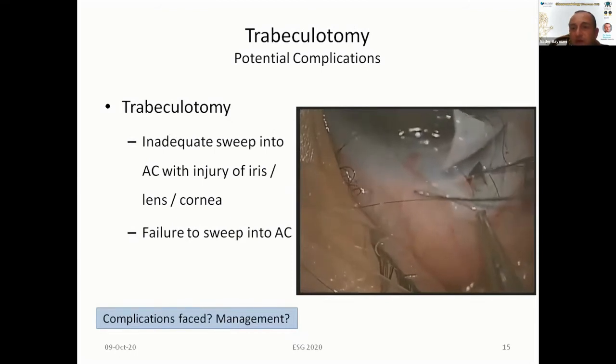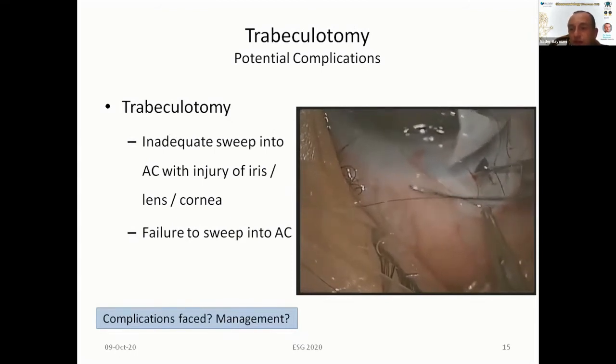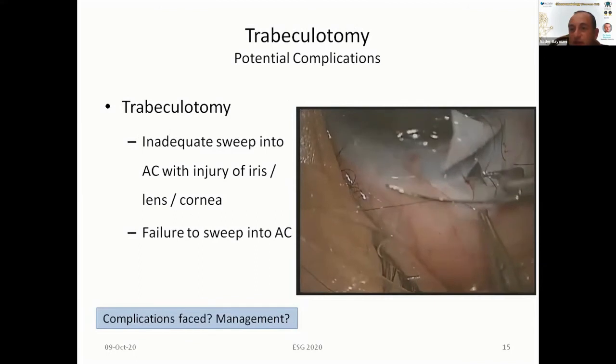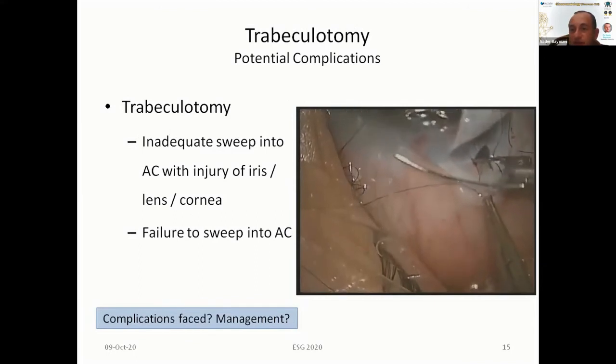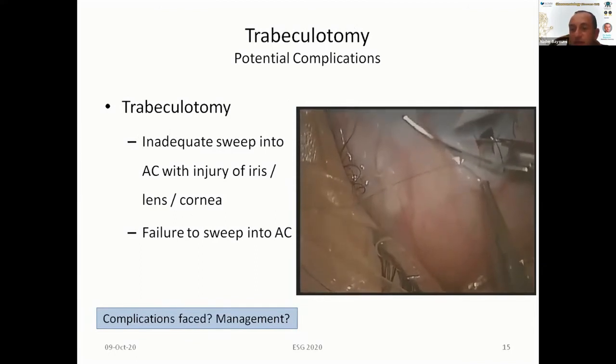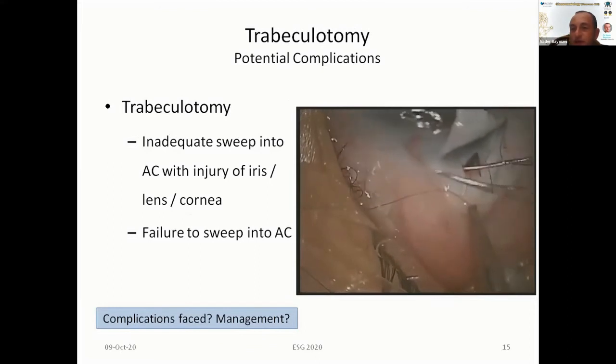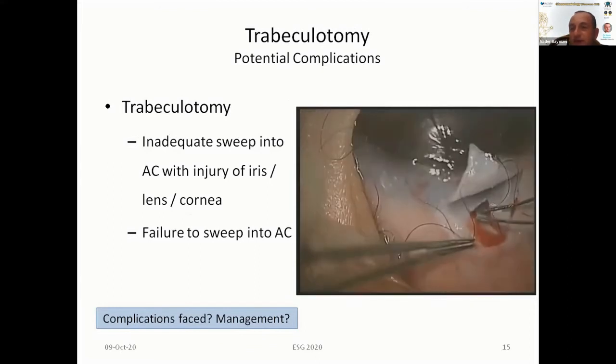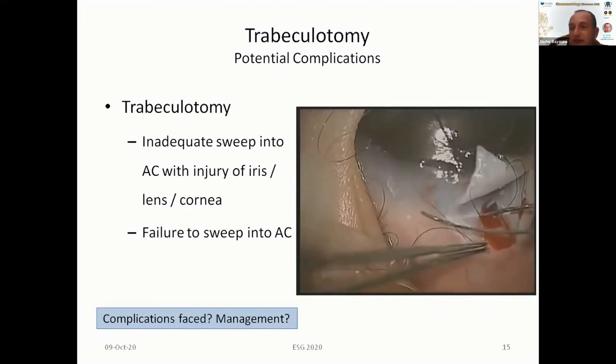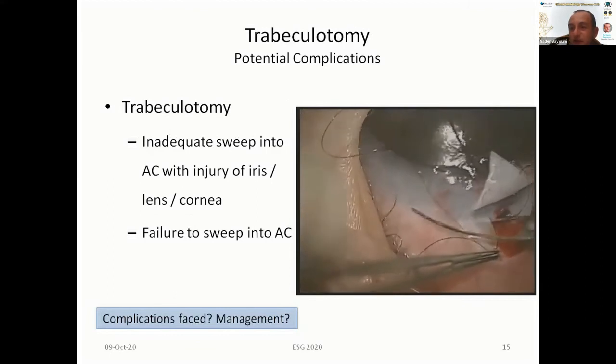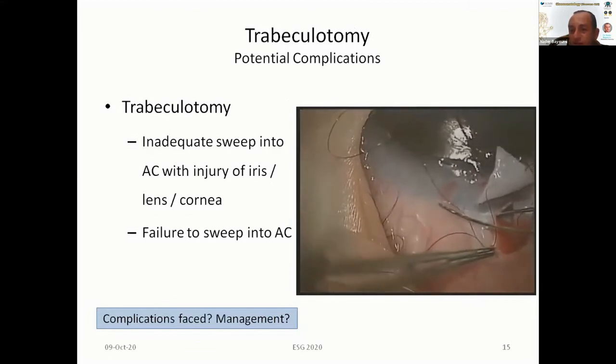Again, if you just manage by chance to find Schlemm's canal, Professor Khalil demonstrated a very simple and easy sweep of the trabeculotomy inside the AC. It's actually much easier said than done, and it's much easier in the hands of experts like Professor Khalil.